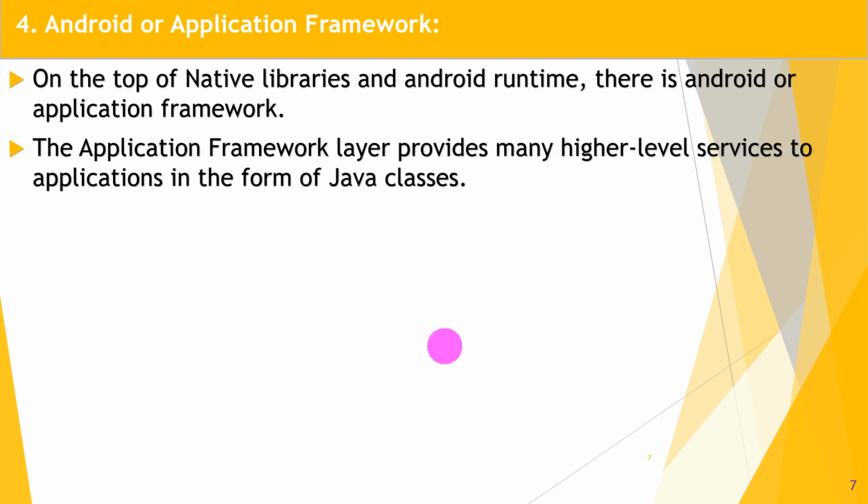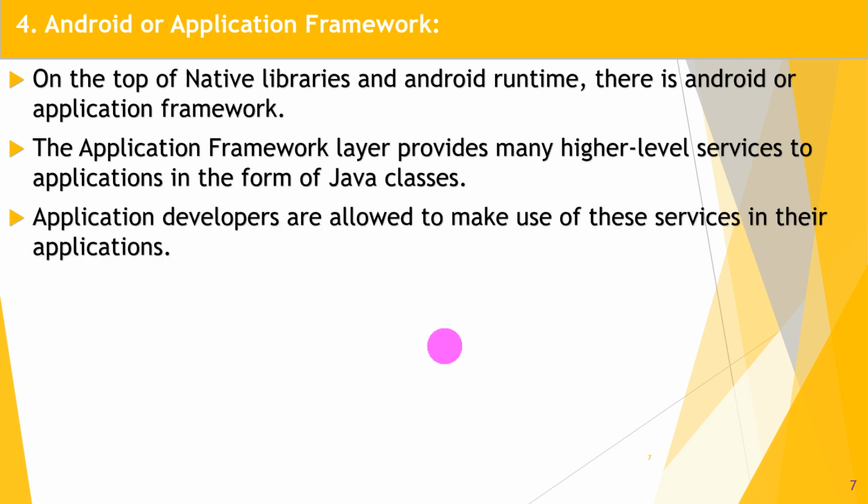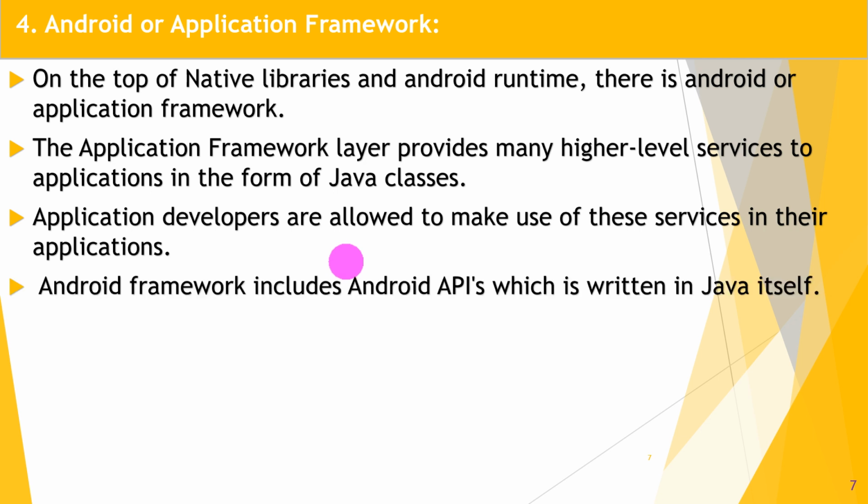So the application framework layer provides many higher level services to applications in the form of Java classes. Application developers are allowed to make use of these services in their applications. The Android framework includes Android's APIs, which are written in Java itself.